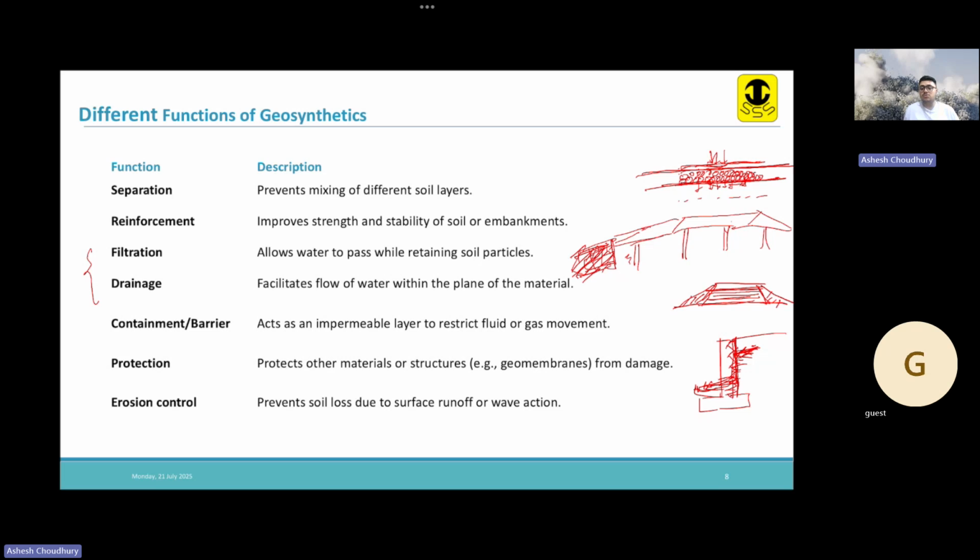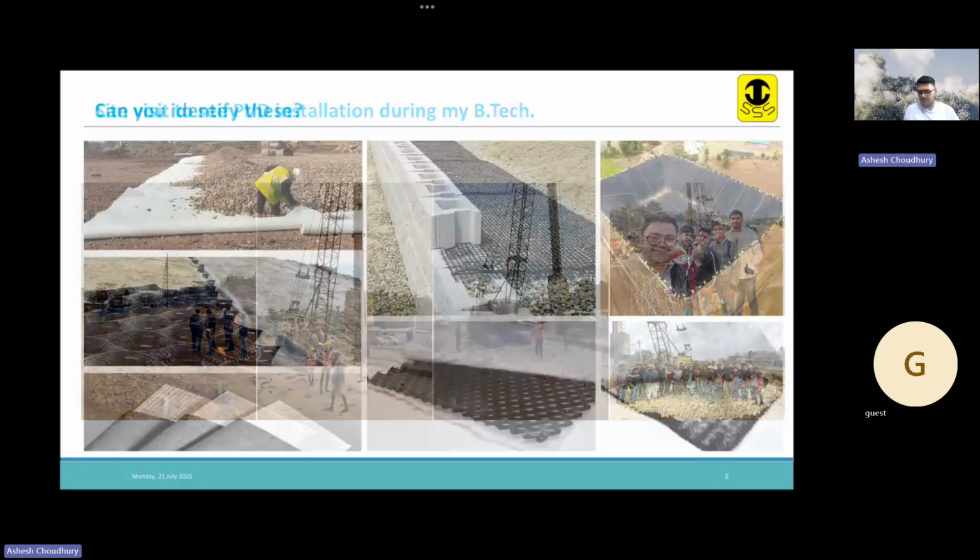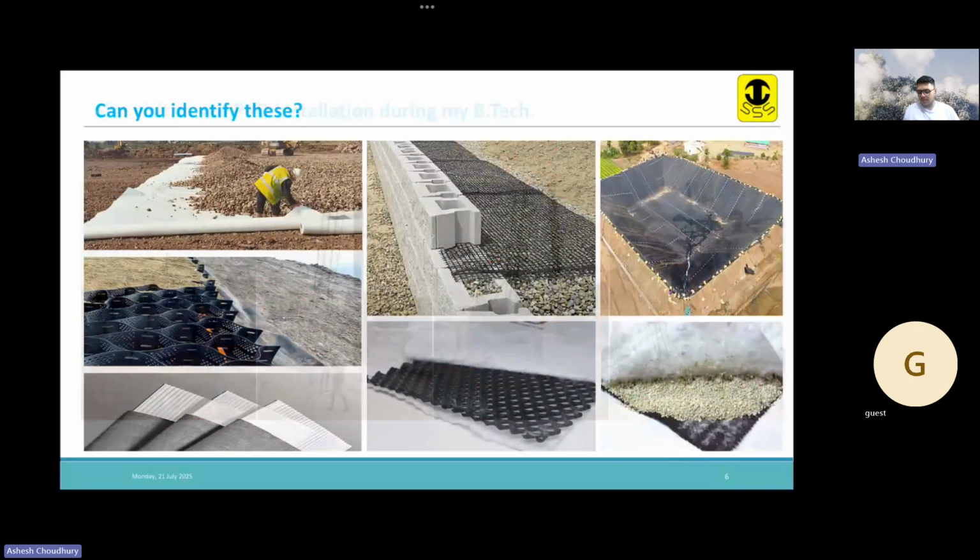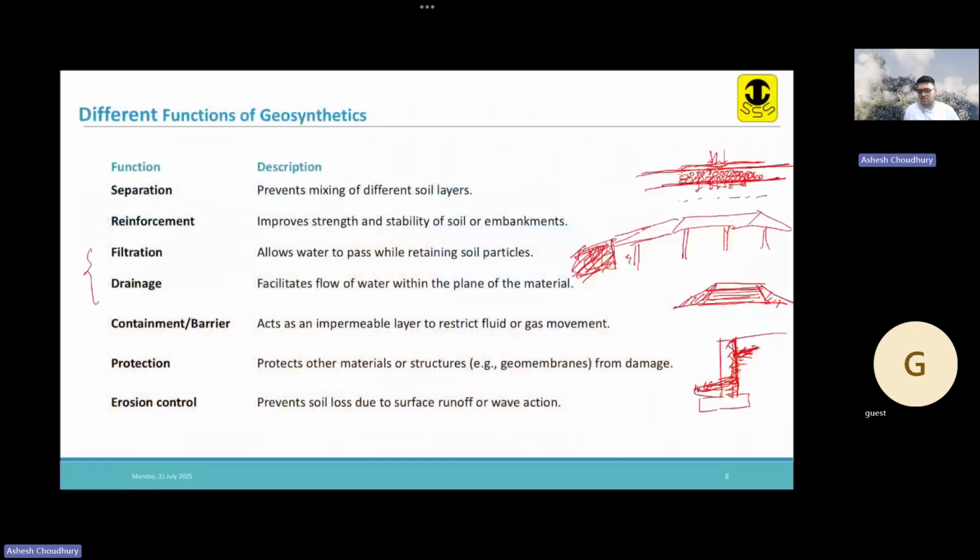Drainage is mostly done with the geonets that I showed before, so we will place one geonet here, and for the filter we mostly use a geotextile. The water will come, soil particles will be arrested here, and the water will enter, come down and be drained out through the weep holes. So these are the functions. What is filtration? Allowing water to pass while retaining soil particles. And what is drainage? It facilitates flow of water within the plane of the material.